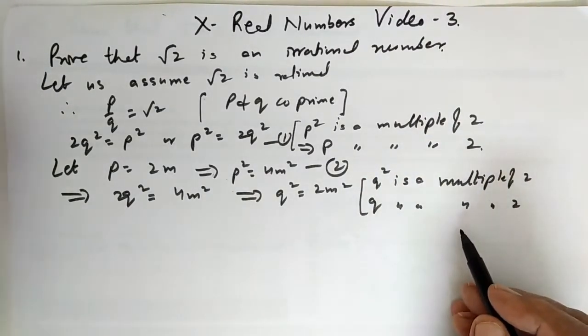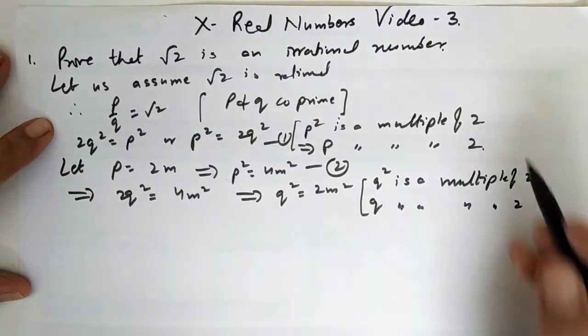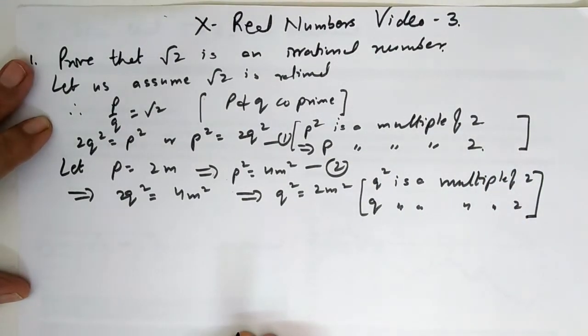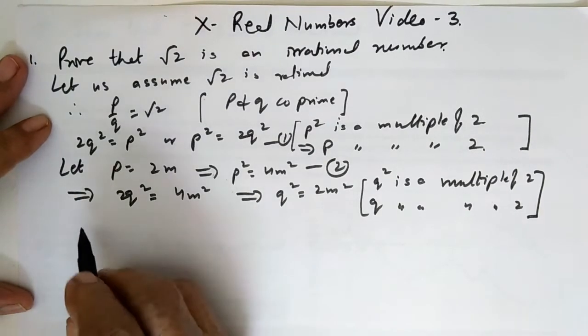अब यहाँ से क्या हुआ? You can see from these two. P is a multiple of 2, Q is also a multiple of 2.